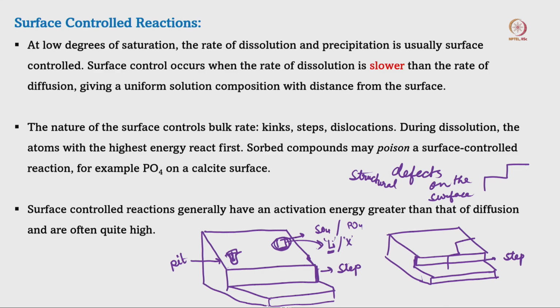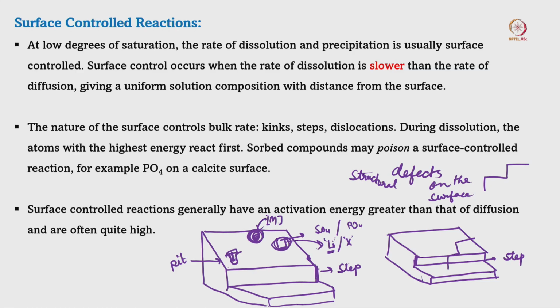Now, during dissolution the atoms with the highest energy will be the first to react, because they have so much energy, you want to stabilize, you want to lose that energy. So, the highest energy reacts first. And if you have some other kind of sorption, say suppose where the reaction is going to happen at that particular point, you have some other metal adsorbed onto it, then that particular location is not available for reaction.